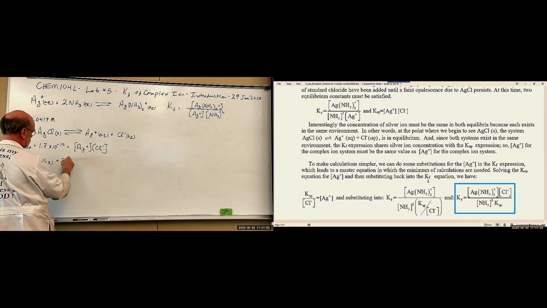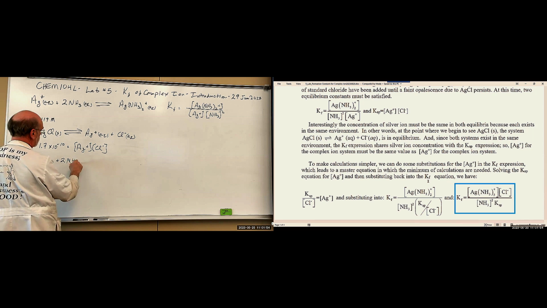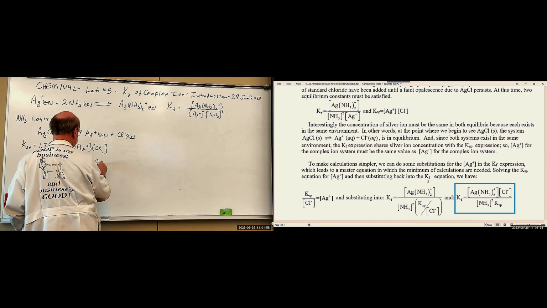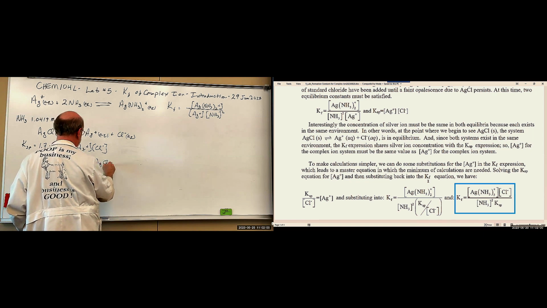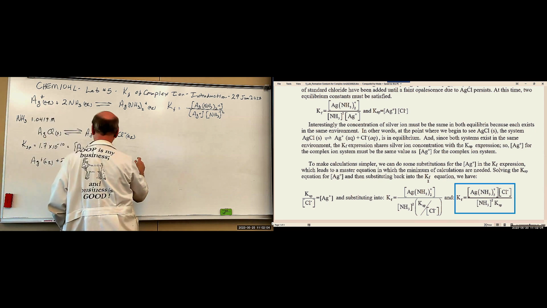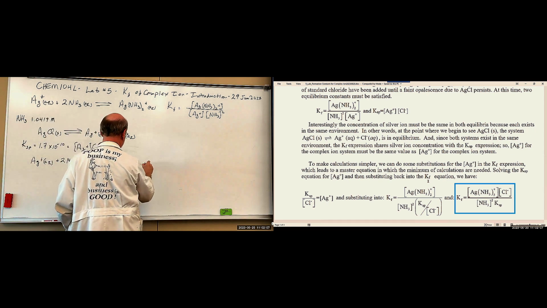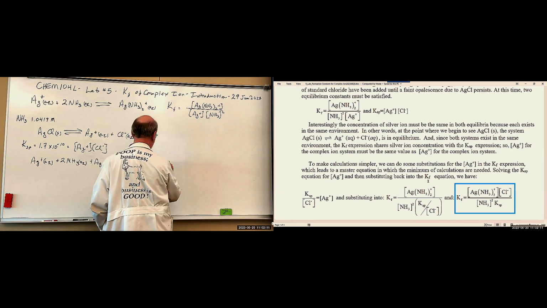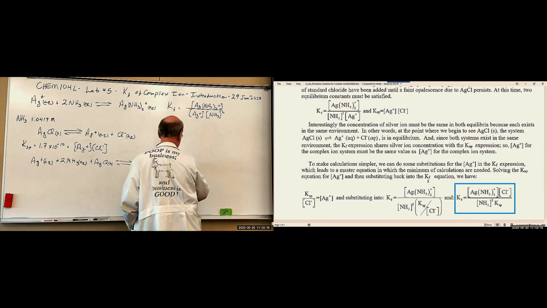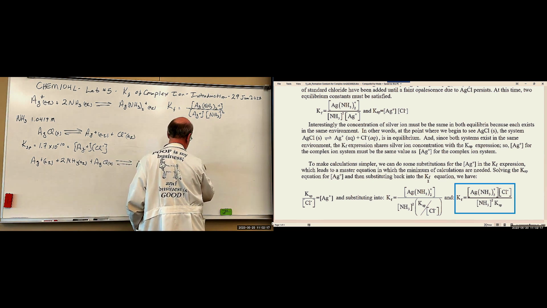Silver chloride solid plus 2 ammonia yields silver ions plus chloride ions plus the complex ion.